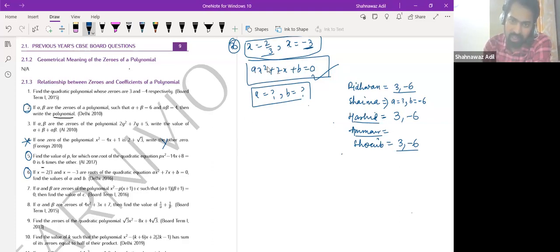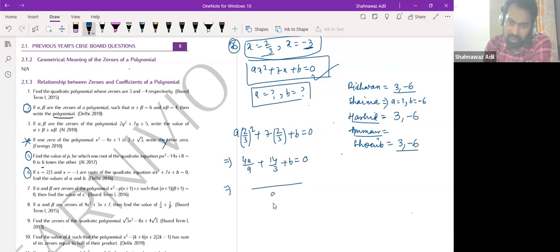If you put x equals 2 by 3, this would be a times (2 by 3) squared plus 7 times 2 by 3 plus b equals 0. So this is 4a by 9 plus 14 by 3 plus b equals 0. If we take the LCM, this is 9, this is 4a plus 42.